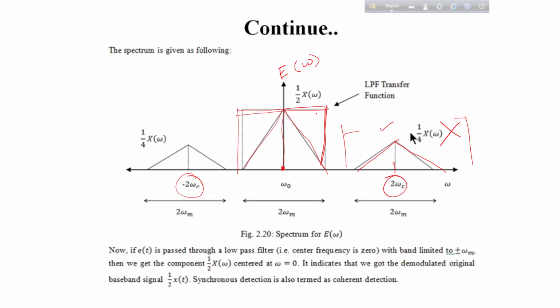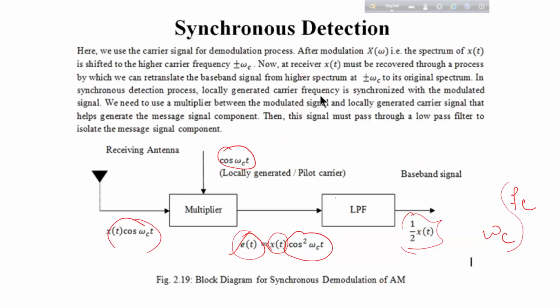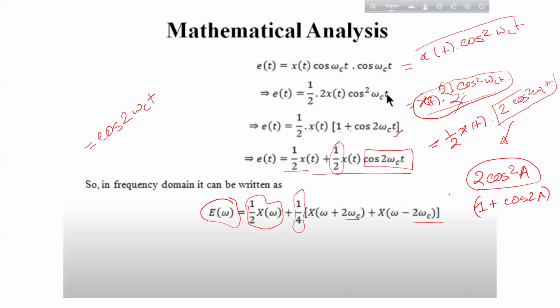So this is how we can get the half x omega. This is how we do synchronous demodulation. How? Just by multiplying the carrier signal with the modulated signal, we can get the original message signal. This is a very simple process. This is known as synchronous detection.